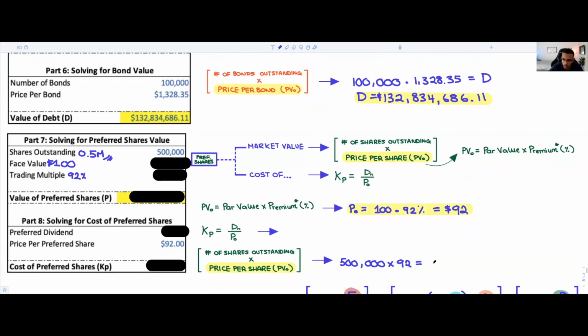In this case, the value for preferred shares is equal to 92 times 500,000. Let me try to show my quick math skills, which I probably don't have. I'm going to say it's between 4.5 million, 4.6 million. 46 million. Damn, pretty bad. I don't know how to do my zeros. So we're going to have $46 million here. All right.